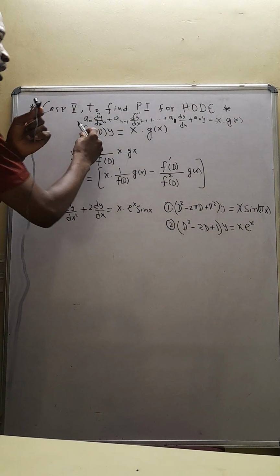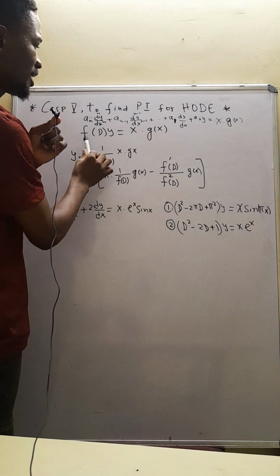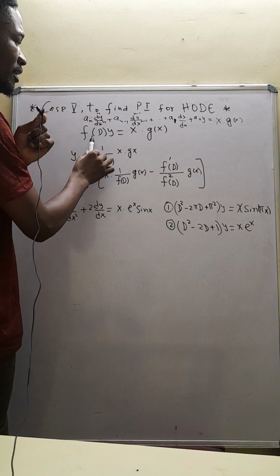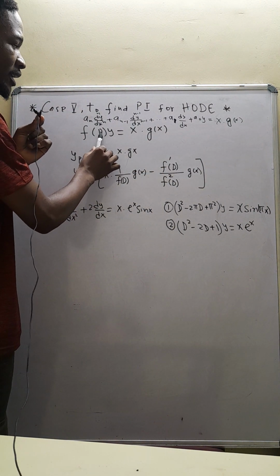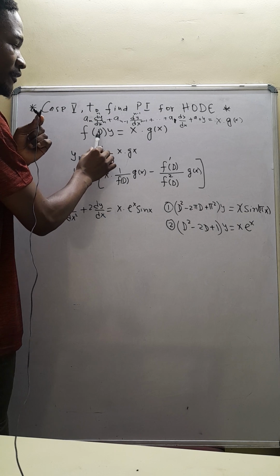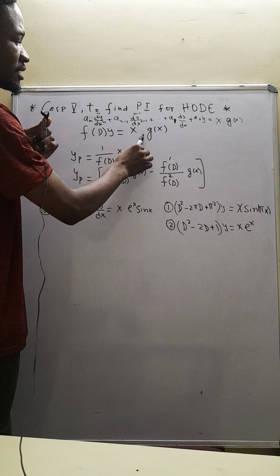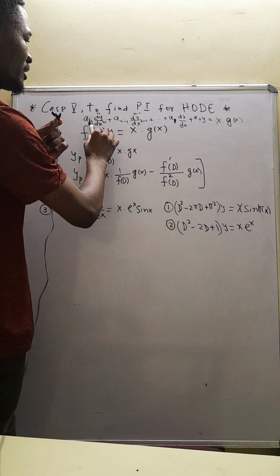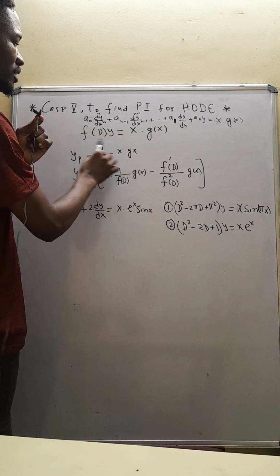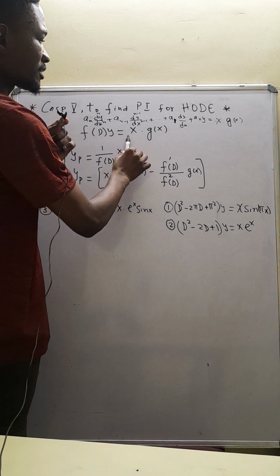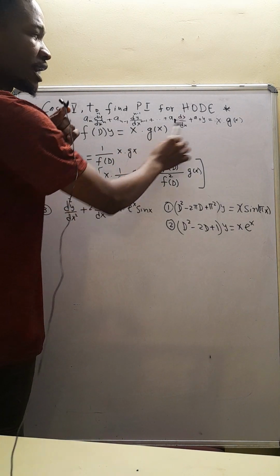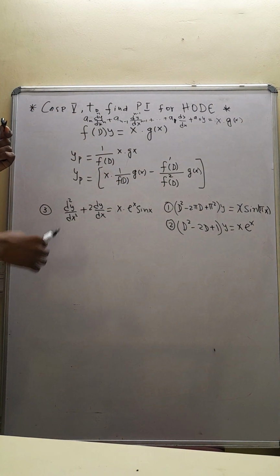This is a function of D times y, where D is the differential operator applied to y, and this will be equal to x g of x as it is. So how do we find yp?